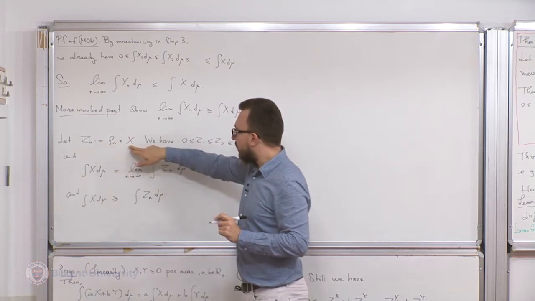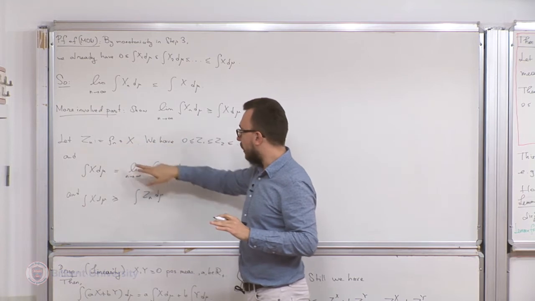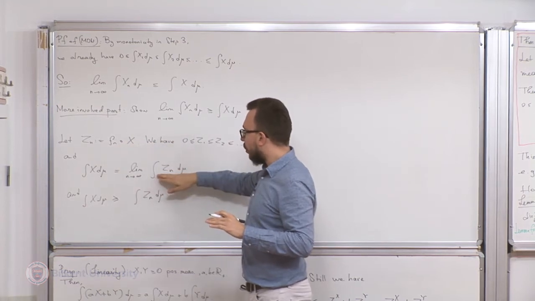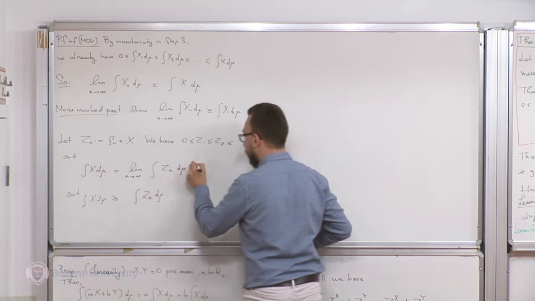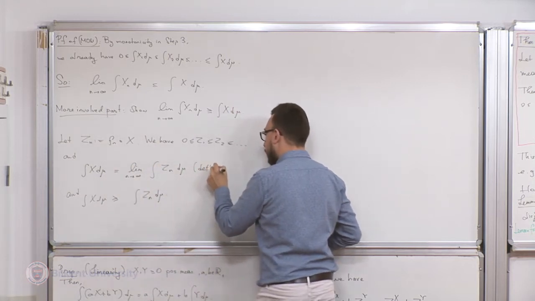Zn is just the standard approximations of x. Okay? So by definition, this is definition in step 3.